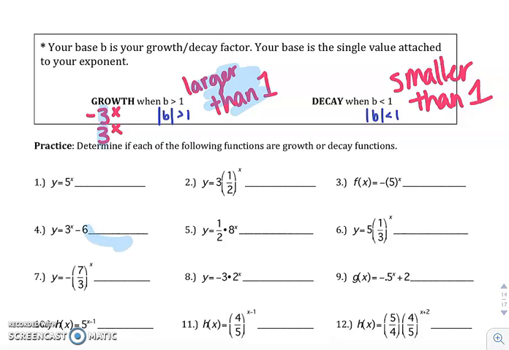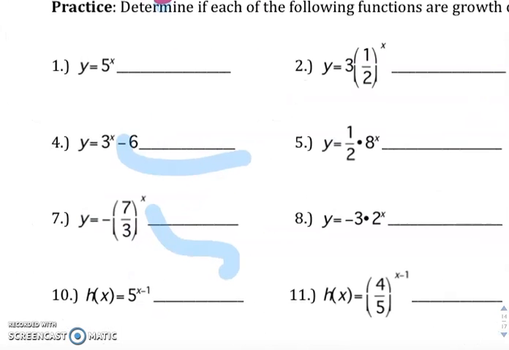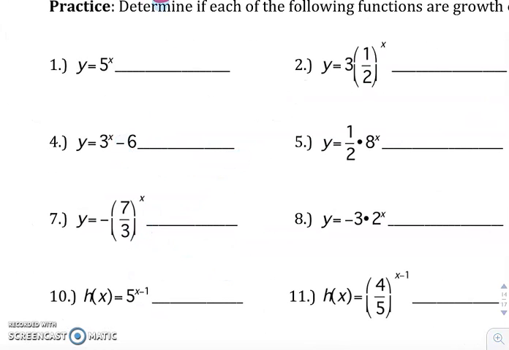And we can even go through and highlight the base in each problem. So the exponent is here, so your base is the 5. Your exponent is here, the base is the 3. Exponent is x, base is 7/3.